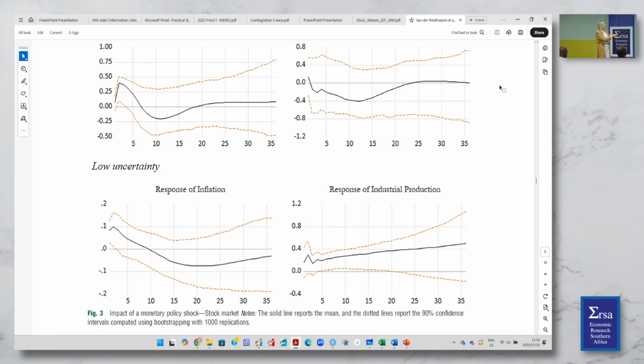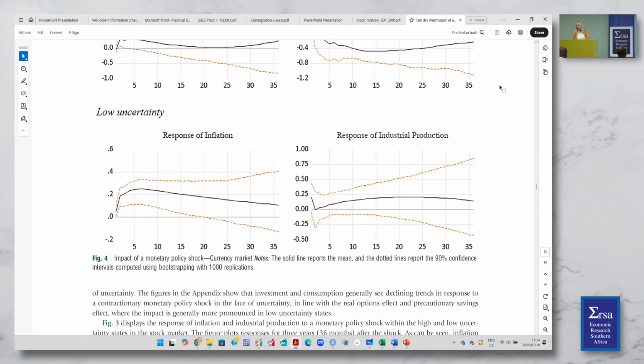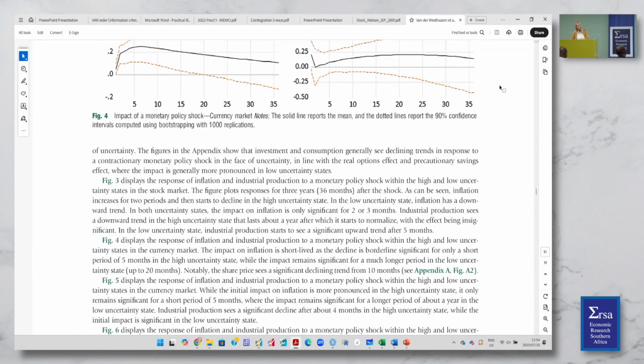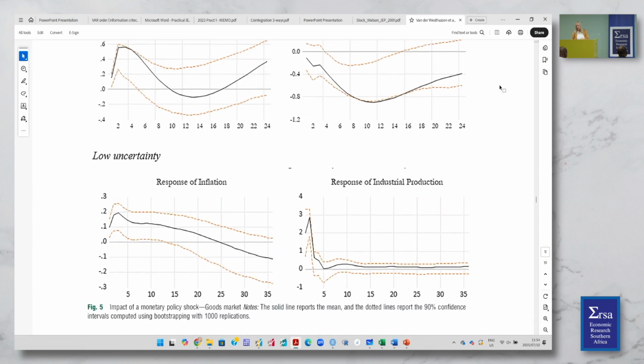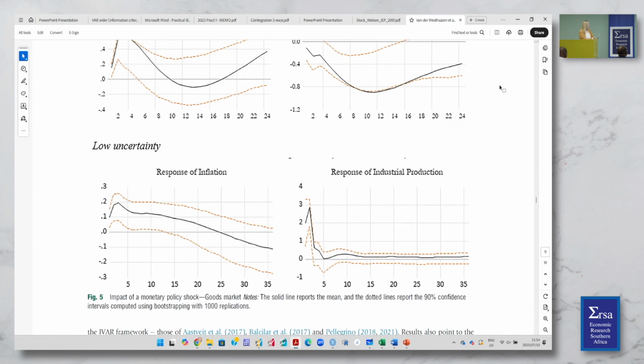These confidence bands remain to both sides of the zero line, whereas only in the low uncertainty periods we see a better effect, and some of them even better than other ones. If we think about uncertainty in the goods market, which is inflation uncertainty, then we see a response in both, but a better response in the low uncertainty period.